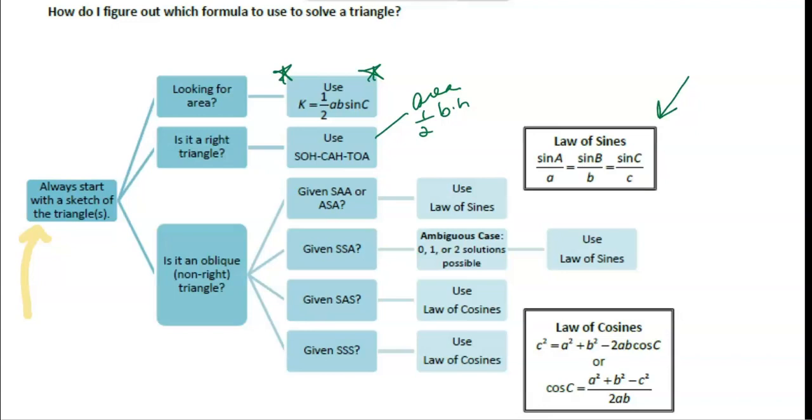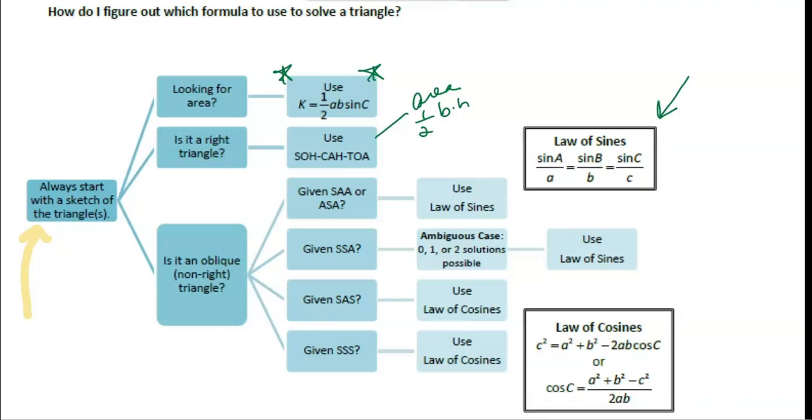Okay, if you're given side side angle, you may have the ambiguous case. So you have to figure out if you have 0 triangles, 1 triangle, or 2 possible solutions. And that's all law of sines. If you're given instead side angle side or side side side, you're going to use the law of cosines.